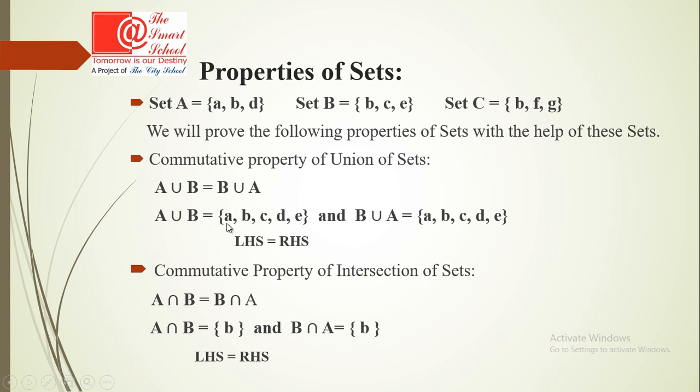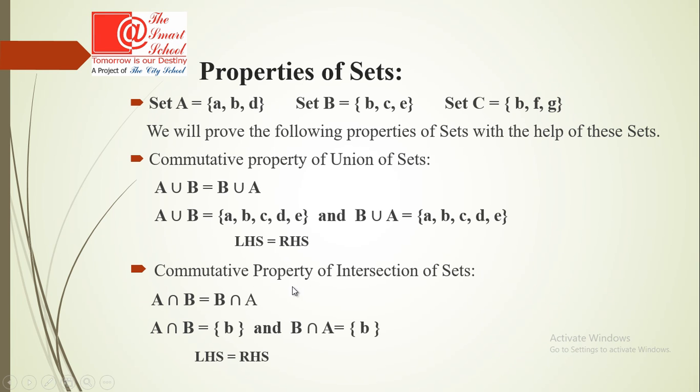So A union B is ABCDE and B union A is also ABCDE. So both the sets are equal. So this is called commutative property of union of sets, and we can prove it like left hand side is equal to right hand side. This is left hand side and this is right hand side, and both are the same.